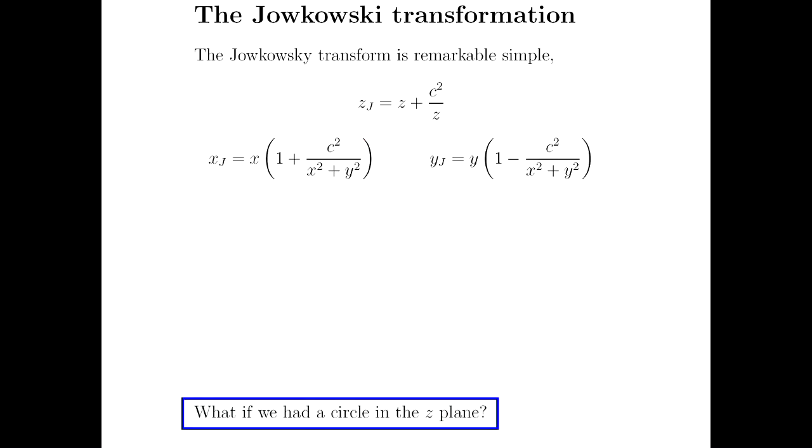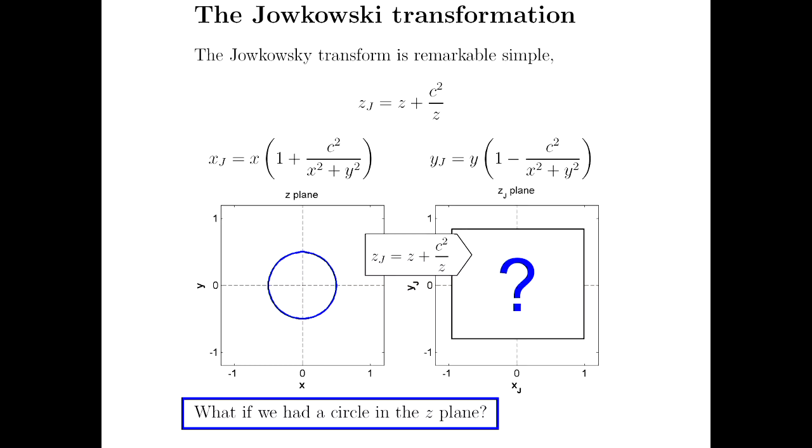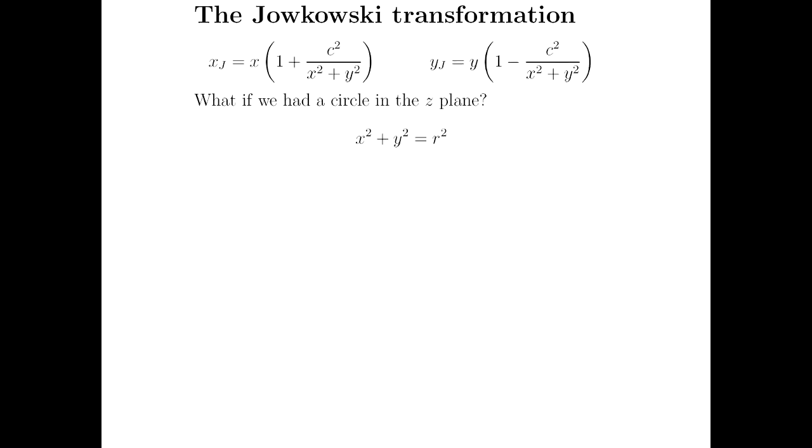So if we have a circle in plane Z, what shape will I get when I apply the Joukowski transformation? Can anybody guess? Square? No, not square.